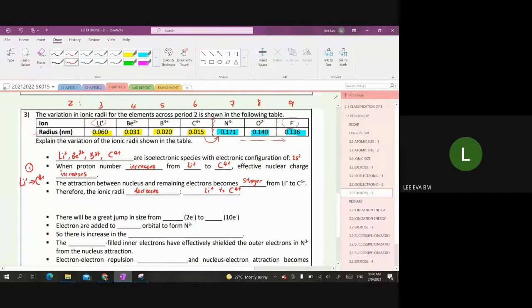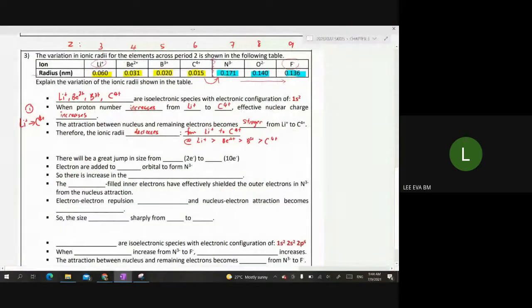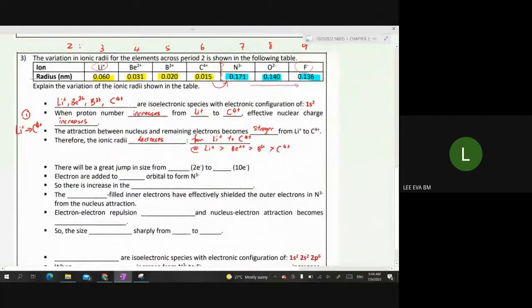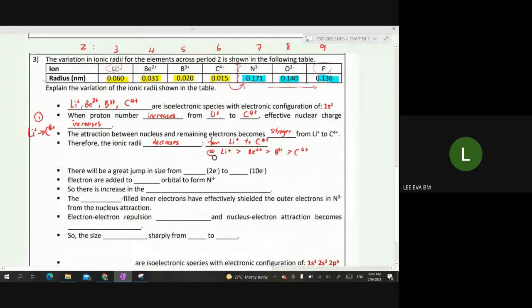Either you write this way, or you can write out the ionic radii decreases from Li to carbon. So either one. So this one is explaining the first part, from our lithium positive until carbon 4 positive.